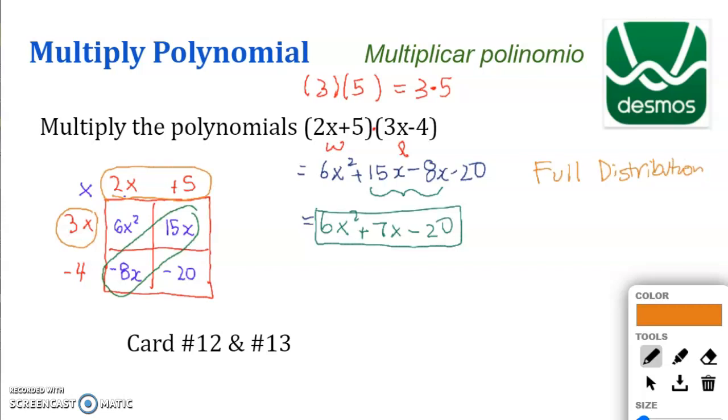You've been doing the distribution method. So 3x is being multiplied to 2x plus 5, and that's going to give you the 6x squared plus 15x. To that, you're adding, this time, negative 4 being multiplied to 2x plus 5. That's what you've been doing in the area model.